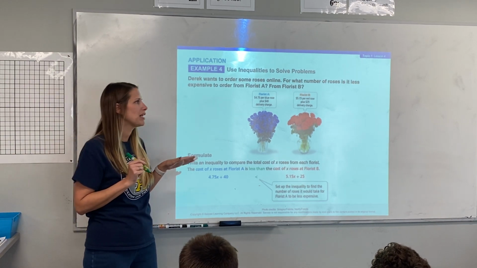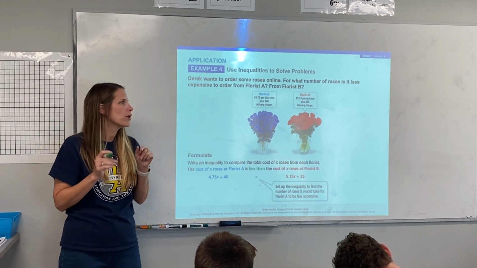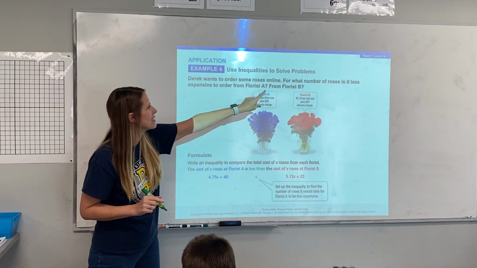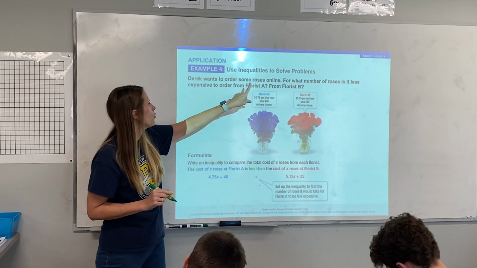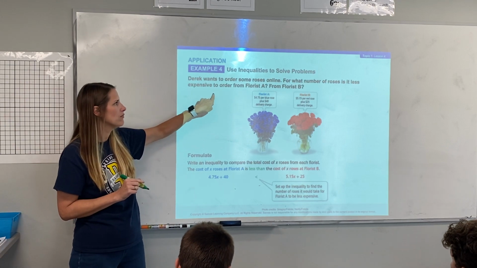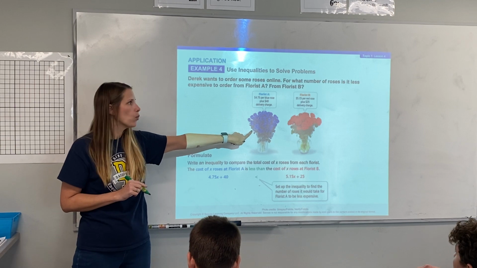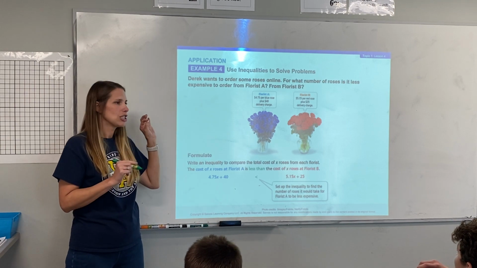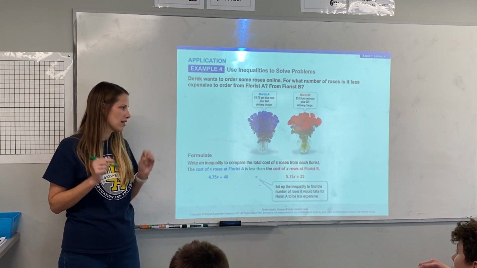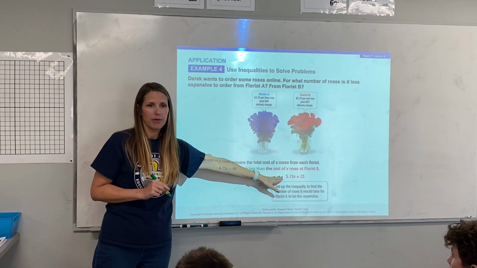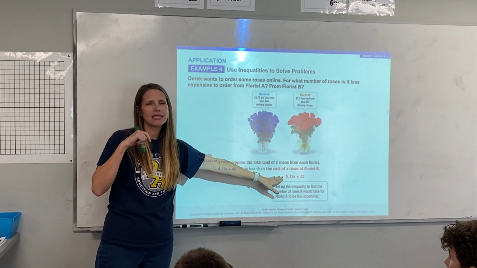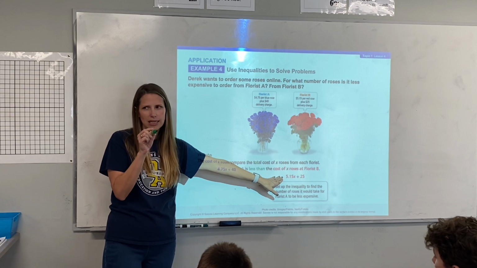So that would be if we wanted to make them equal. But what this is saying is what number of roses would make it less expensive to go with florist A. We want florist A to be cheaper, or less than, florist B. Just because he wants to explore his options, it will make sense as we go through it.